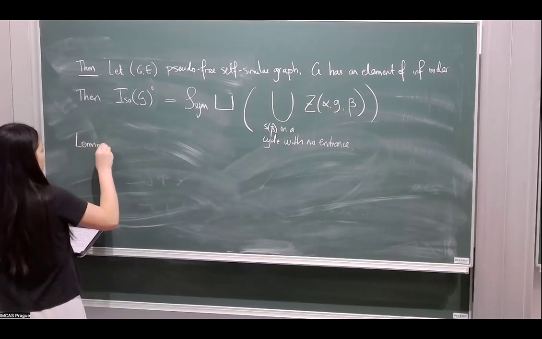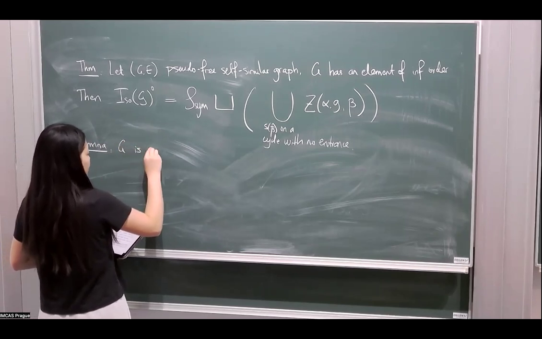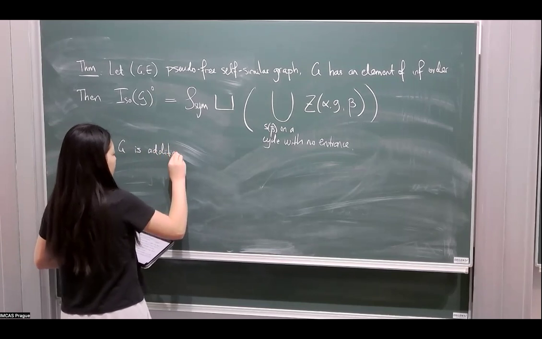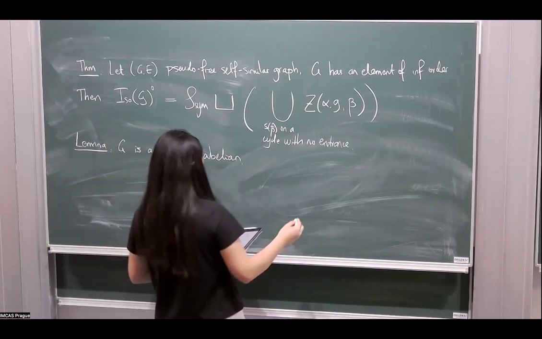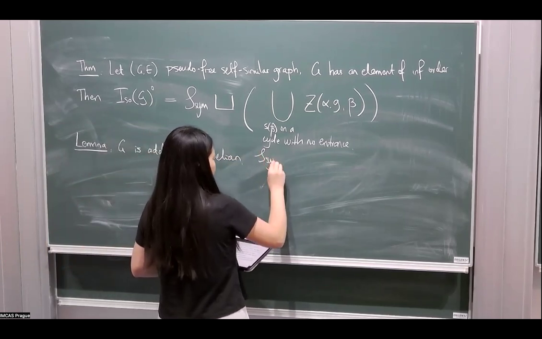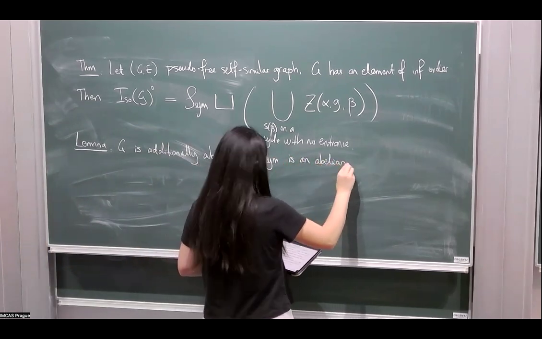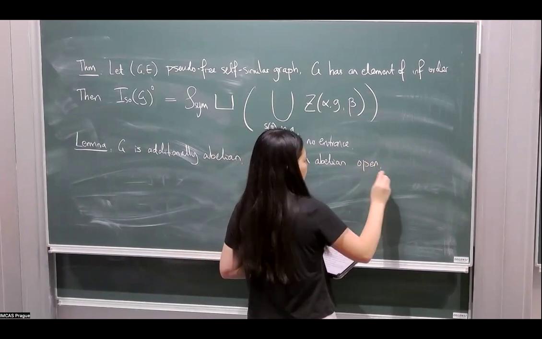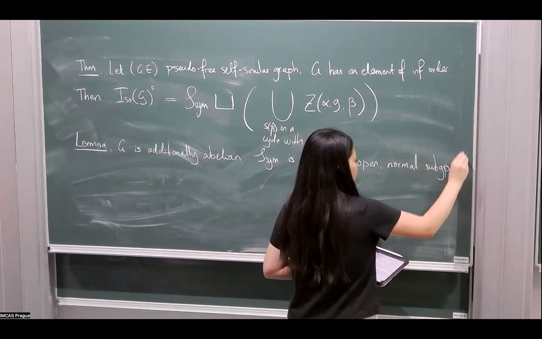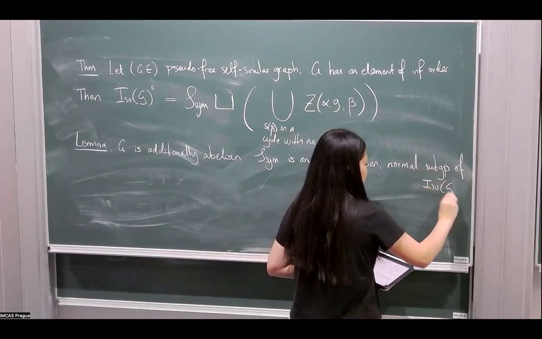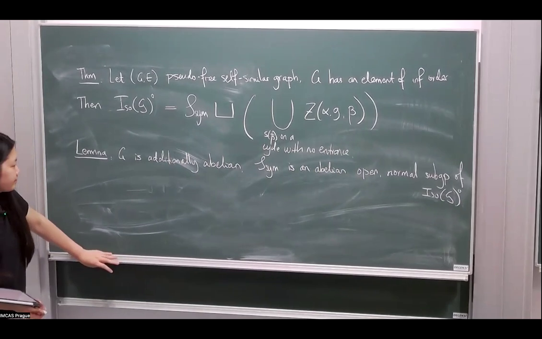Okay, and what is more, when G is additionally abelian, this S_sim is an abelian open normal subgroupoid of the interior of the isotropy.